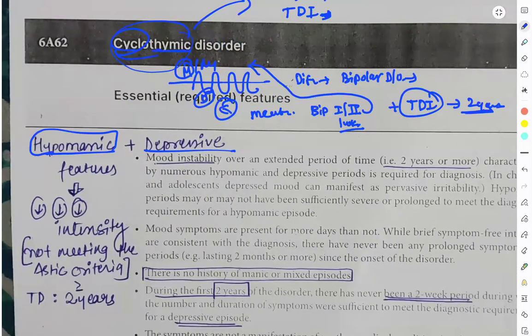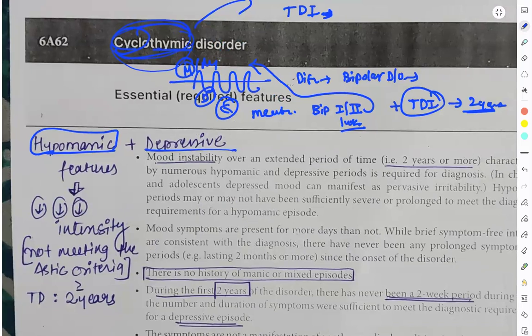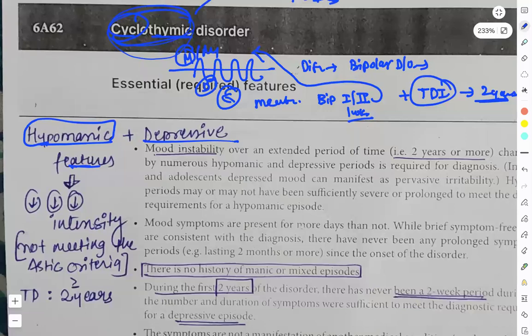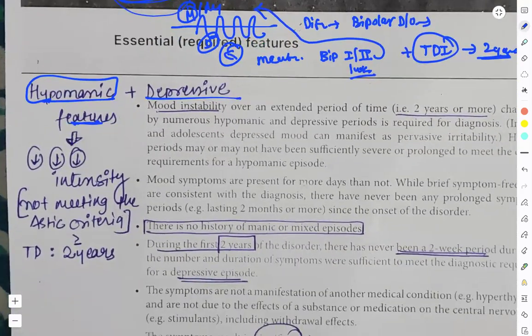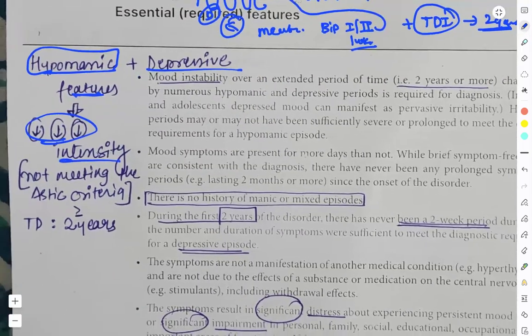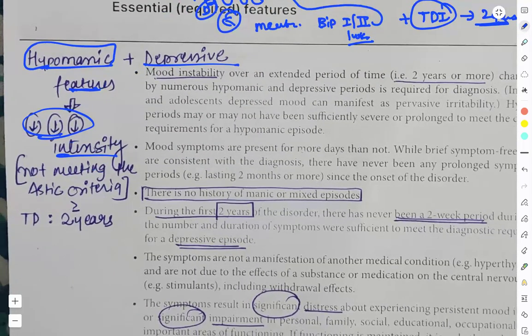This is important for cyclothymic disorder. Hypomanic and depressive features are present, but very much decreased in intensity as compared to the hypomanic or depressive episode criteria. So they are not meeting the diagnostic criteria, and the total duration of illness is 2 years.